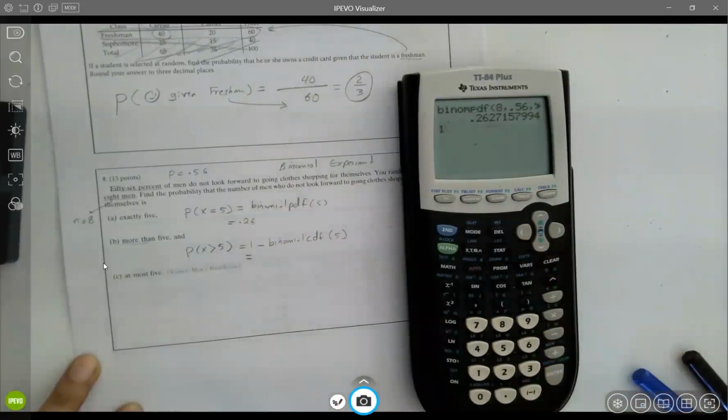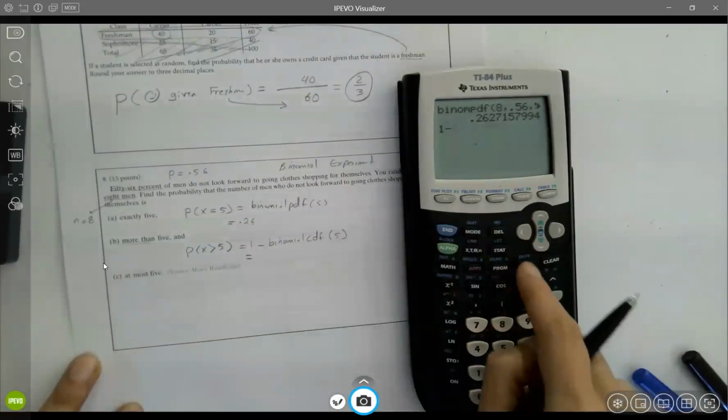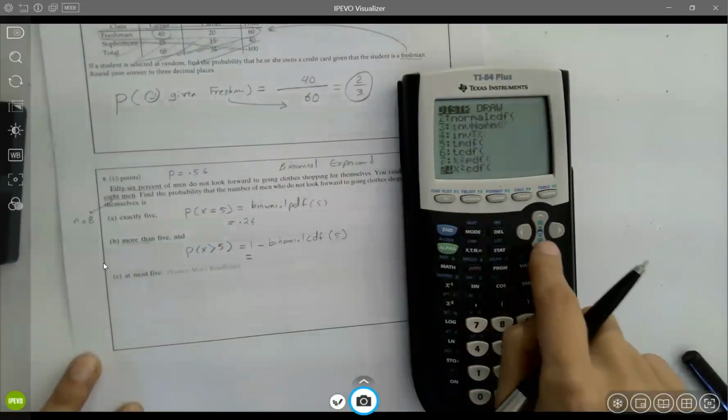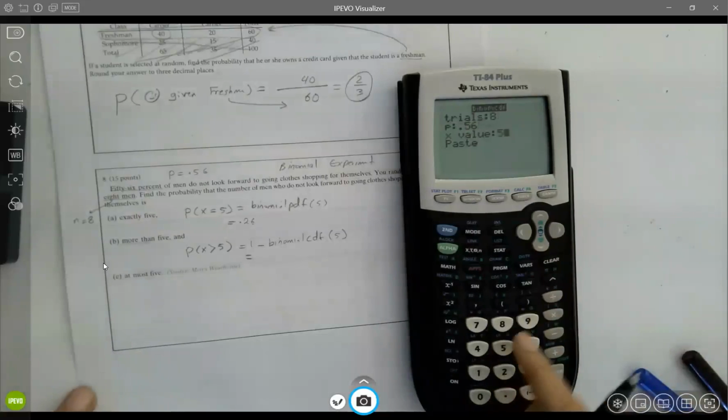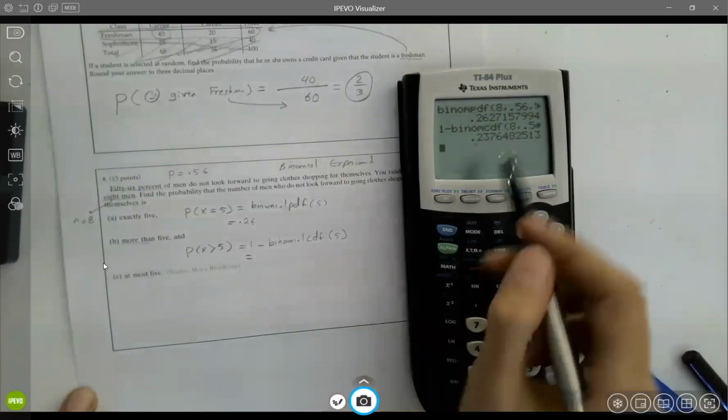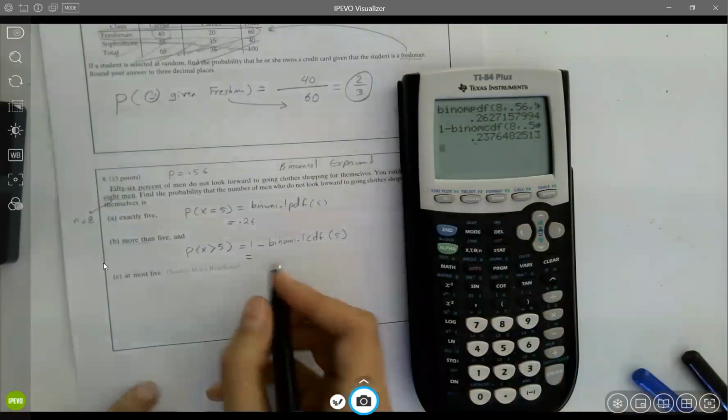So 1 minus second vars, binomial CDF. How many trials? 8. p is 0.56. The x value is 5. Paste and enter. You get 0.24.